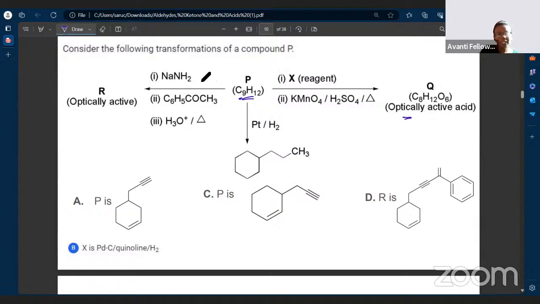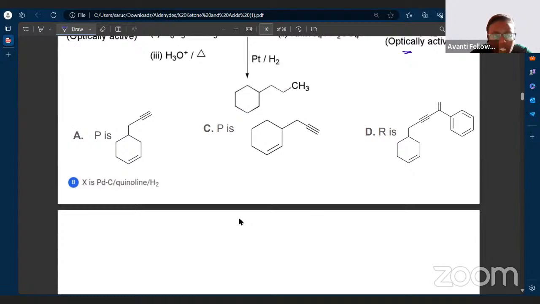When you react it with NaNH2 and then C6H5COCH3, and do hydrolysis, you get R as the product, which is also optically active. When you react it with platinum and hydrogen, you get this product. Now you have to find out what P is. The options are given for P, R and X.